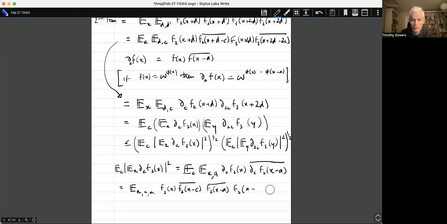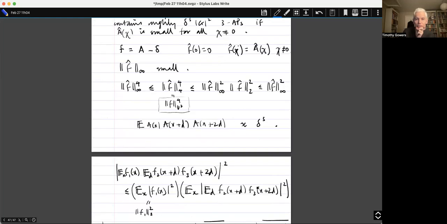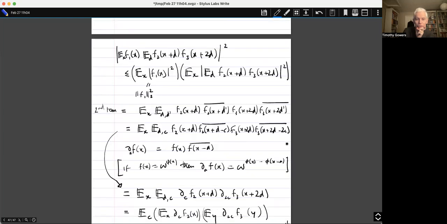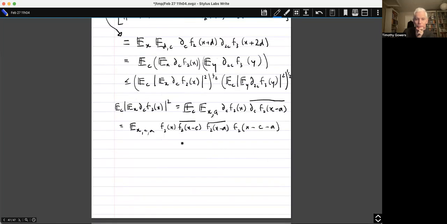Oh, x minus c minus a, it looks nicer to write it that way. And that was one of the expressions, except I've got c and a instead of a and b. Let's go right back to it. It's this one here.